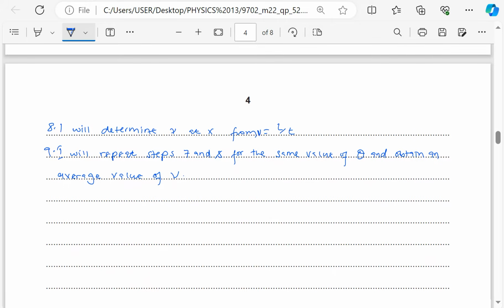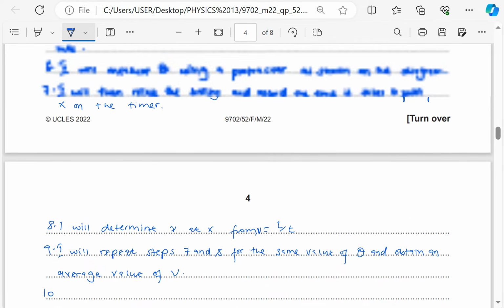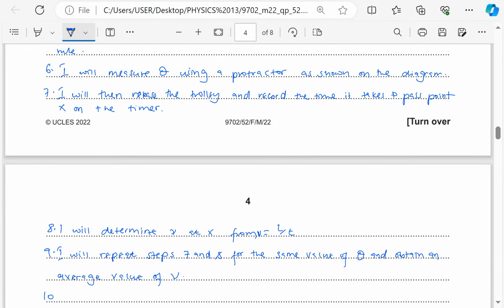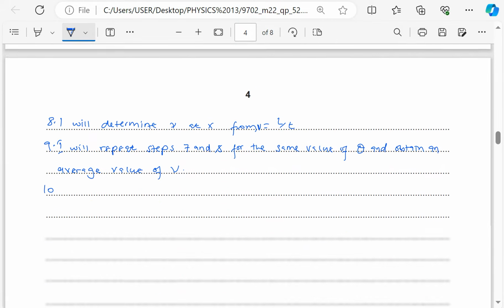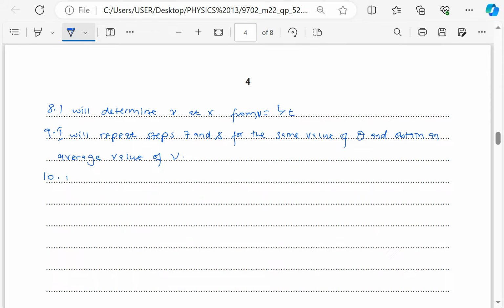Okay, then step number 10. So I have now an average value of V. So step number 10, I'm now going to repeat step 6. That is now for a different value of theta. So I'll repeat steps 6 to 9.